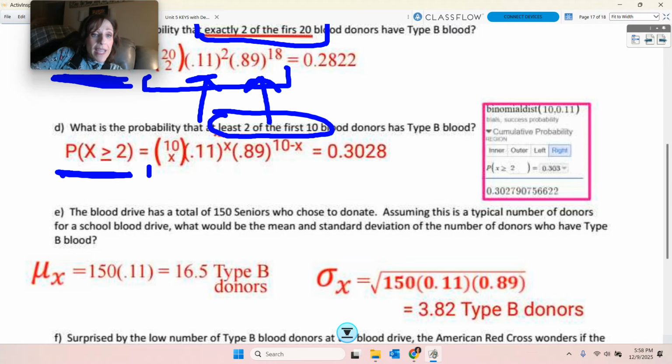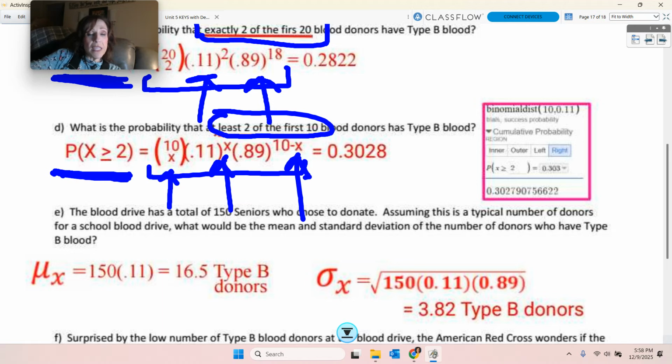When you write this formula, put X's in because those are varying. Those are changing, and we're having them be greater than or equal to 2. So when I put this into Desmos, I put greater than or equal to 2, and I've changed my binomial distribution to be out of 10.